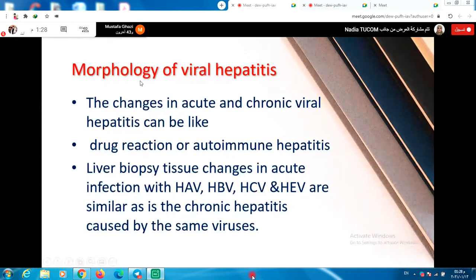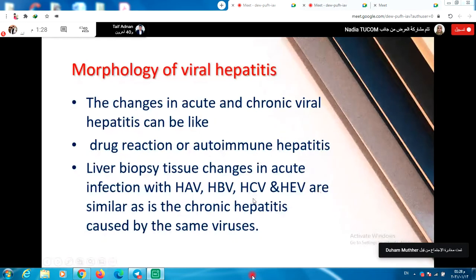The morphological changes, whether gross or microscopical changes of hepatitis, can overlap, whether in the chronic and acute state, whether the reaction is to drug toxicity, called drug-induced hepatitis, or it is immune hepatitis, or liver infected by hepatotropic virus, and so on.